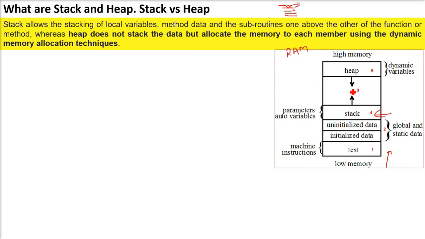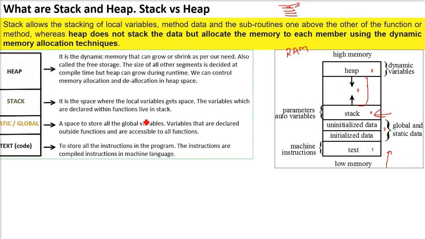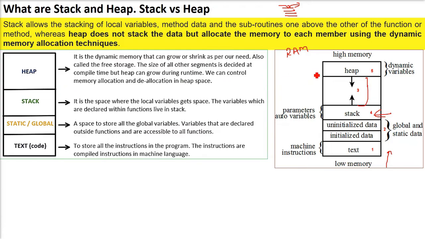What is the heap keeping? Heap does not stack the data but allocates memory to each member using dynamic memory allocation. All the dynamic data will go to heap, that is, when you are using the new operator or malloc or calloc, it will go in heap. This heap is the dynamic memory that can grow or shrink as per our need.